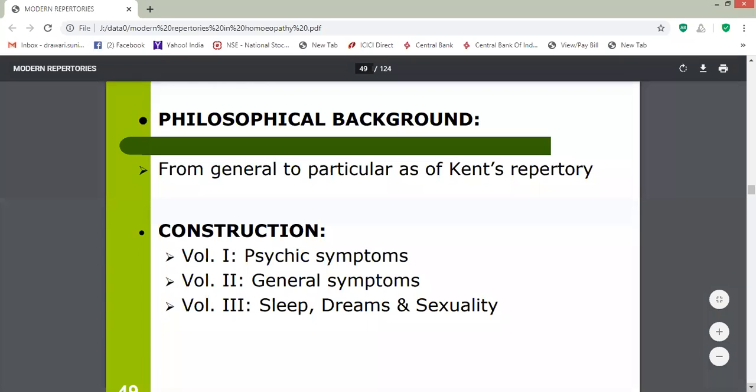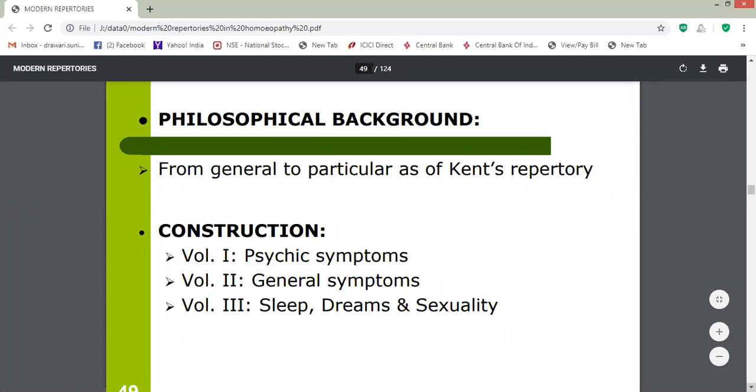First, we have to give importance to general symptoms, and then we go towards the particular symptoms. So in this repertory, in the first volume, only the mind symptoms are included. So, how are these three volumes constructed?